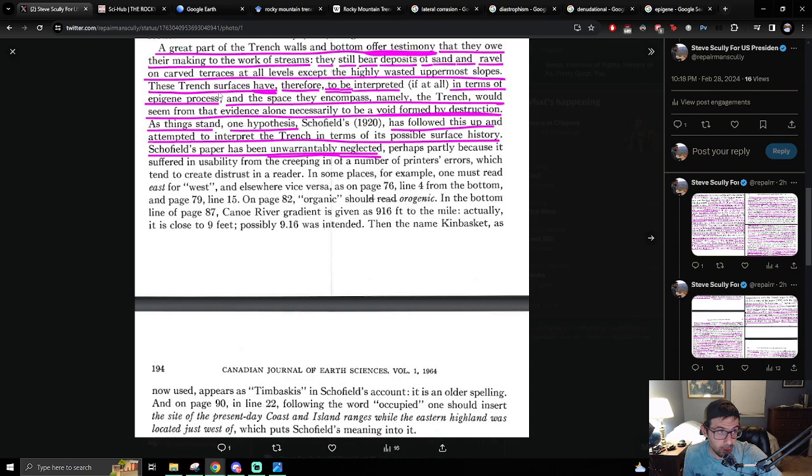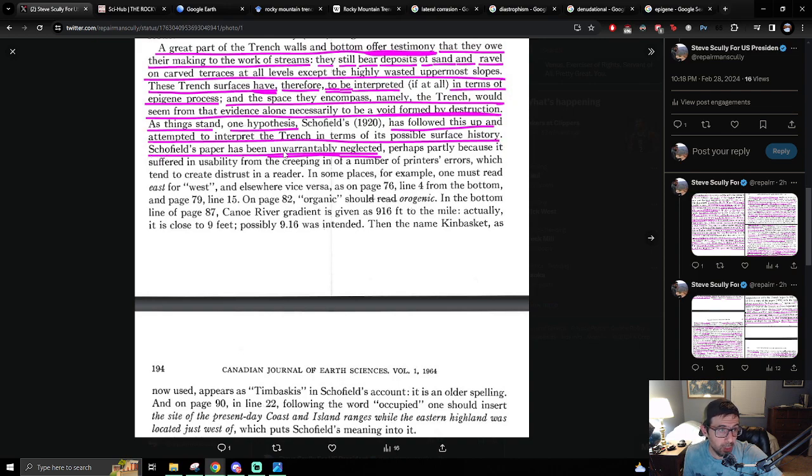These trench surfaces have to be interpreted as surface processes, and the space they encompass, namely the trench, would seem from that evidence alone necessarily to be a void formed by destruction, i.e. eroded. As things stand, one hypothesis has followed this up and attempted to interpret the trench in terms of its possible surface history.